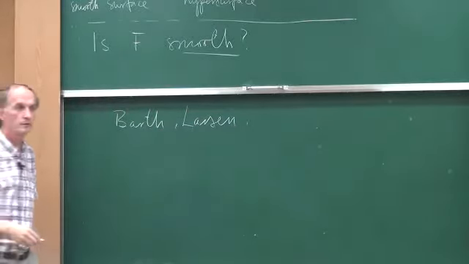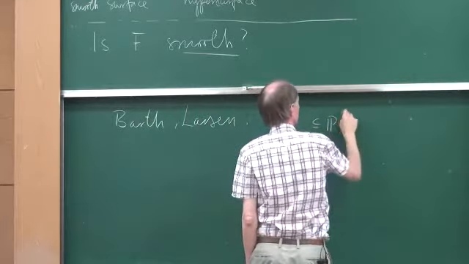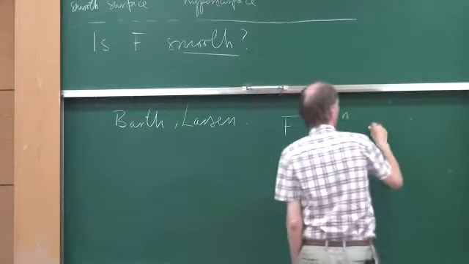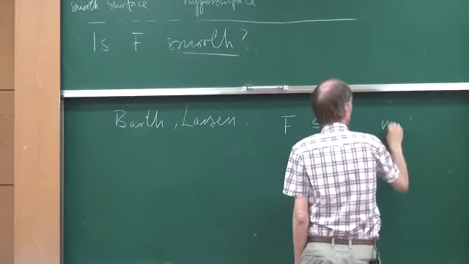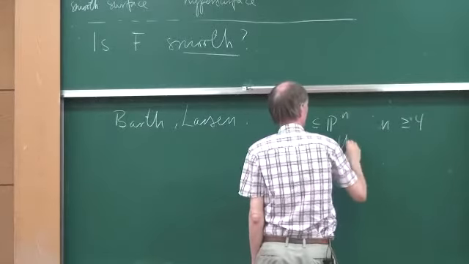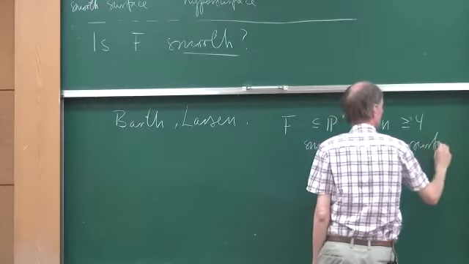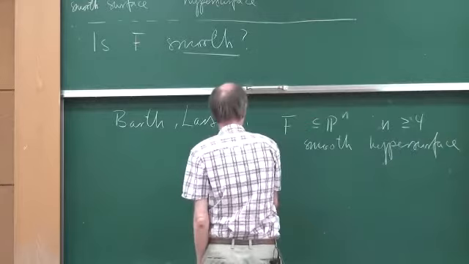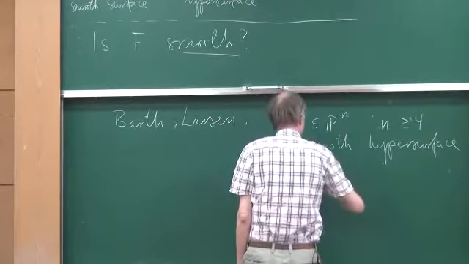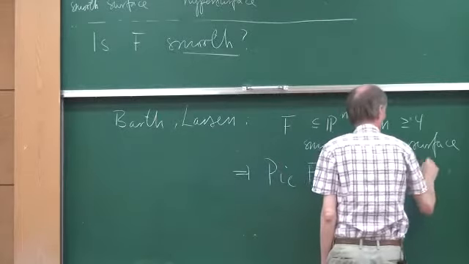It says that if F in Pn, with n bigger than or equal to 4, is a smooth hypersurface, then the Picard group of F is equal to the Picard group of Pn.